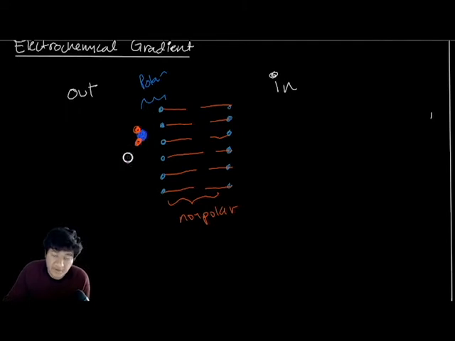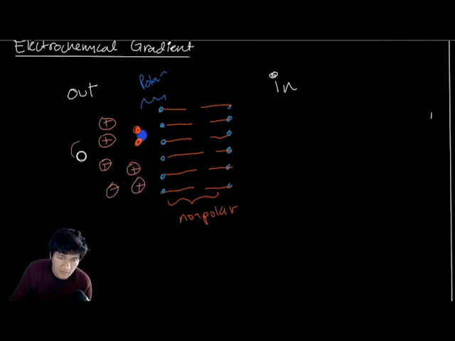is a gradient created, we can see that there might be a lot of positive charges, and this is what is true. We'll see a lot of positive charged particles on this side, on the outside of the membrane, and we'll see a lot of negatively charged particles on the inside of the membrane.